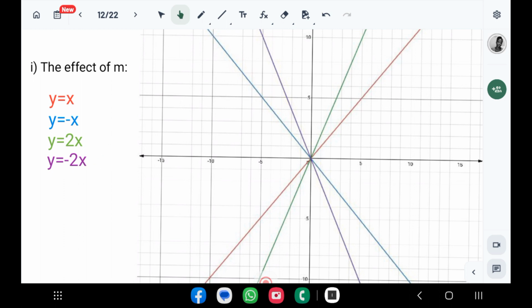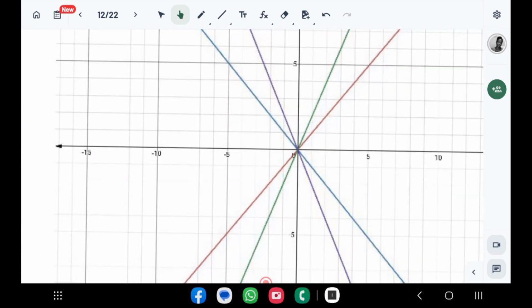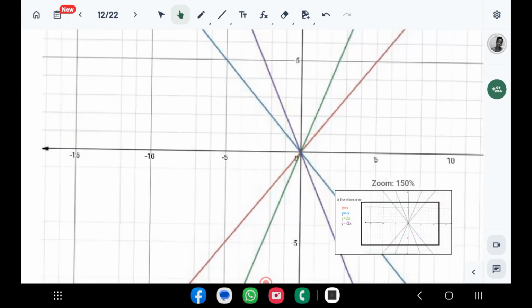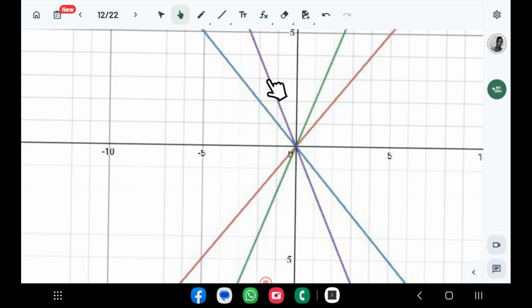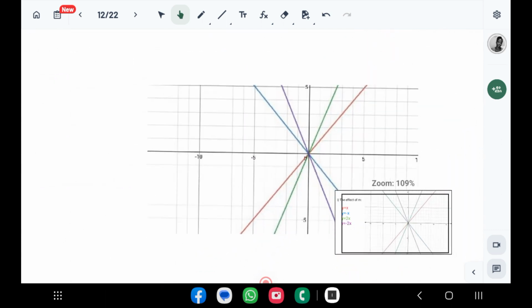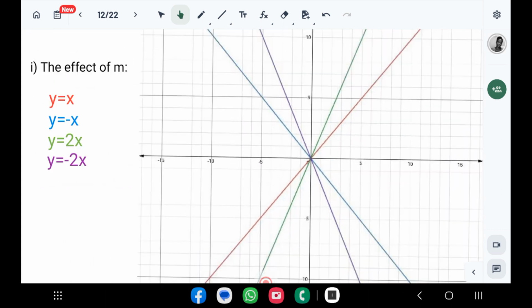When your gradient is 2, you get a green graph, which basically gives you a steeper graph. You reach milestones faster, so it's going to be steeper because your gradient is bigger. What happens when it goes to negative 2x? It's going to slope to the left, but still steeper than the one of y equals negative x. And that is how m affects the graph.